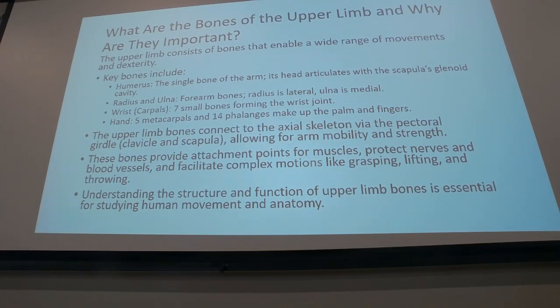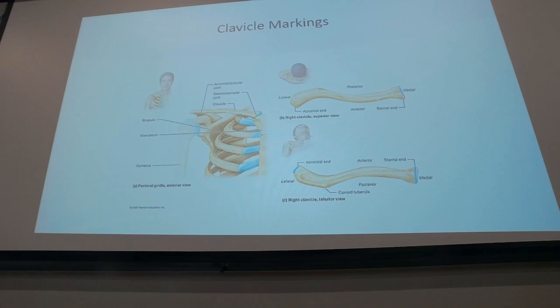And these are not complicated bones. They have fewer features than the skull bones. So that will help you have a good grasp of this anatomy, and then you don't fear, like, well, I have to learn a lot of bone names.